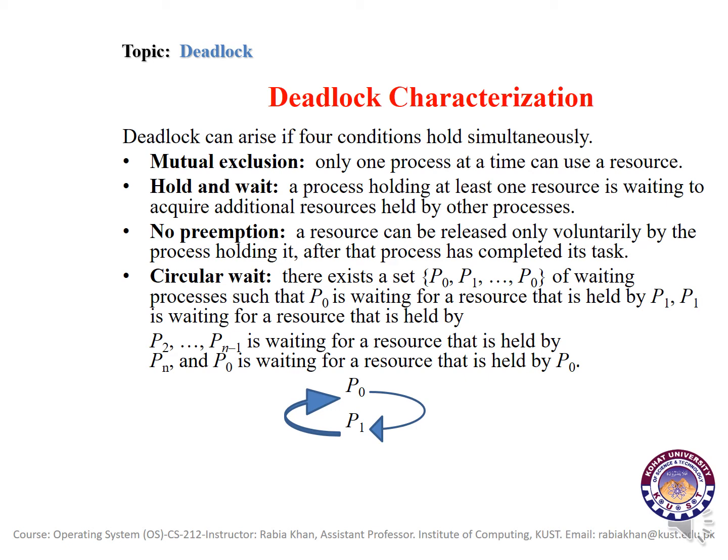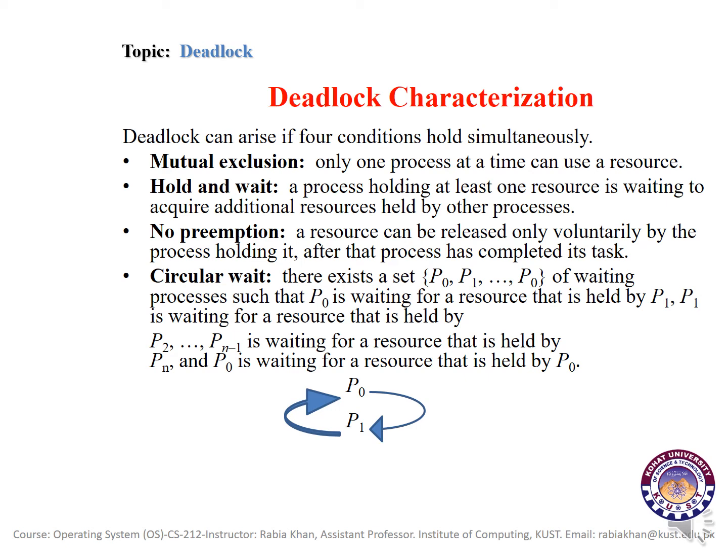Such as in diagram, process P0 is waiting for a resource held by process P1, and process P1 is waiting for a resource held by process P0. So they are forming a circle.